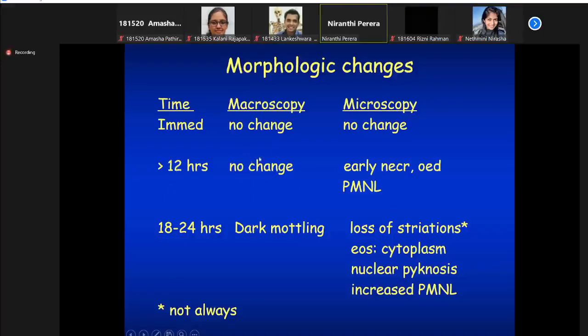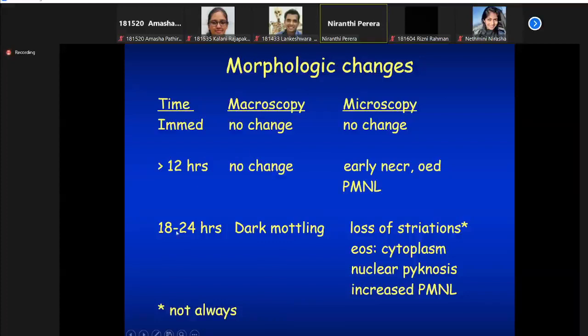Any changes are only seen after 12 hours. So the only thing you can do is take some sections for microscopy and see whether there is any early necrosis and polymorphs. And obviously you will look at the blood vessels, take some sections through them and see whether there is any occlusion.